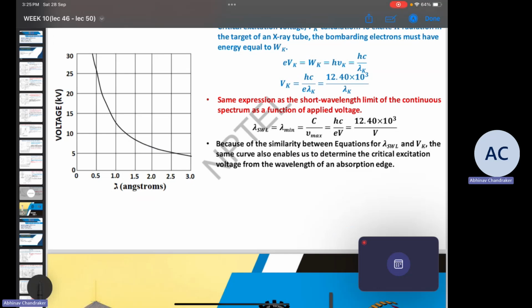Here also is the same thing. So this K absorption edge energy can also be related to the voltage that was applied to generate the X-rays.